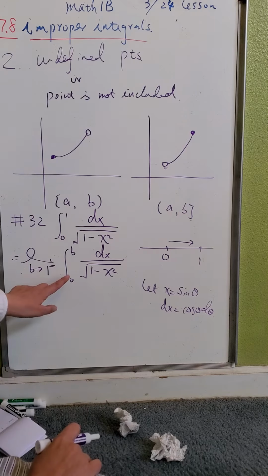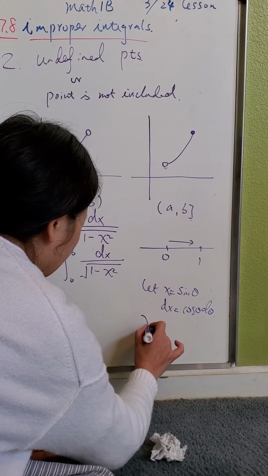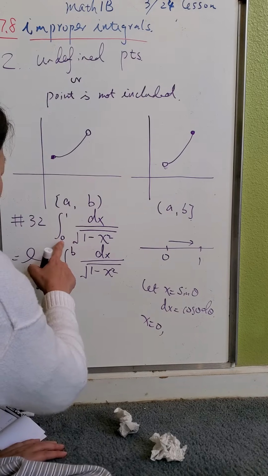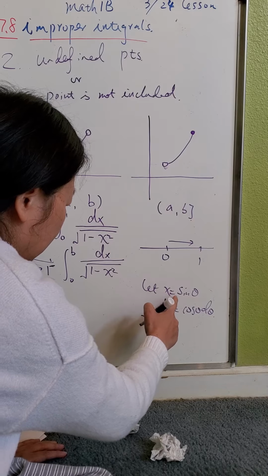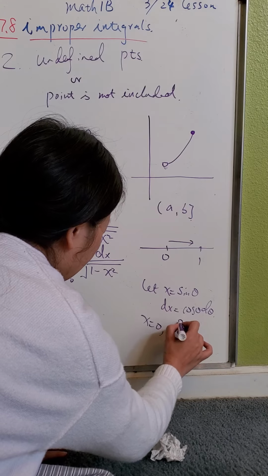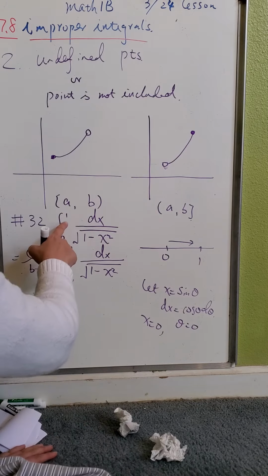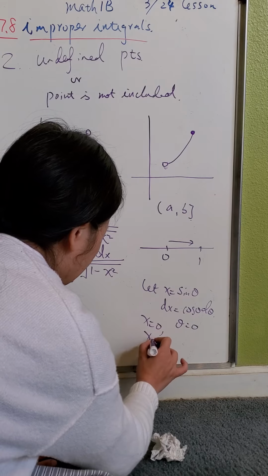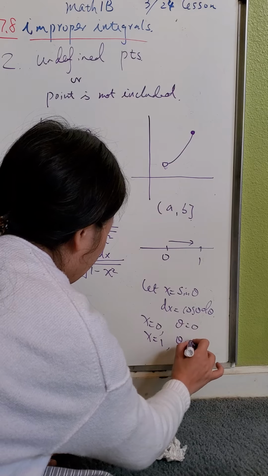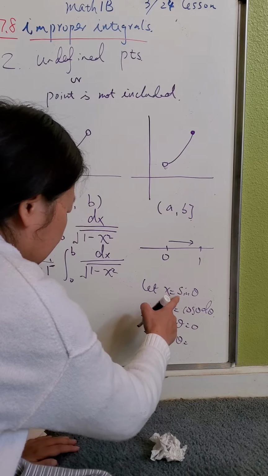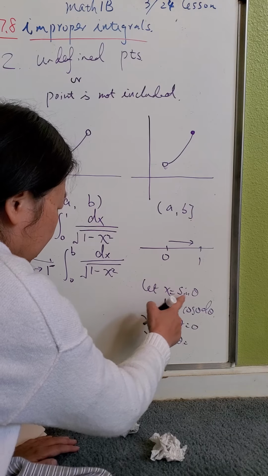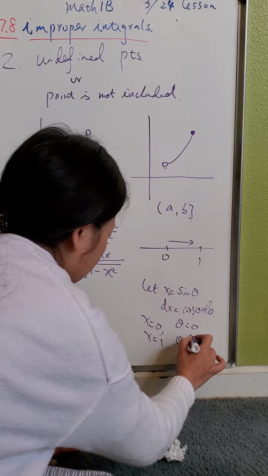I'm going to change the limits. When x equals 0, 0 equals sine theta, so theta also equals 0. When x equals 1, sine theta equals 1, so theta equals pi over 2.